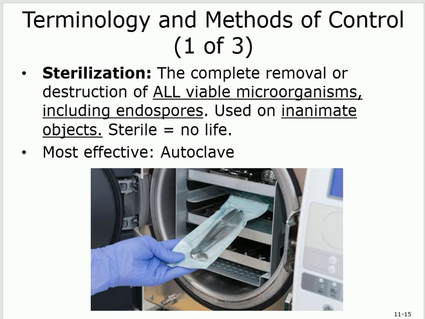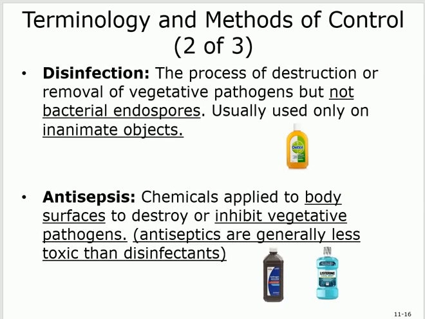Can you put your hand in the autoclave? Of course not, right? It's going to be steam and heat. It has to be inanimate. So what can we put in the autoclave? Most likely the surgical instruments, for example, because you cannot have anything, not even endospores, right? So this is for sterilization.